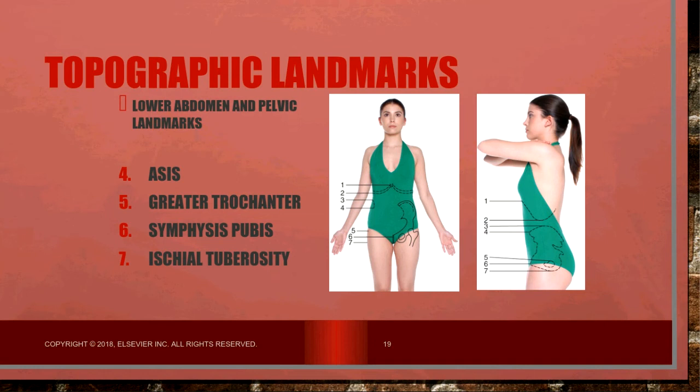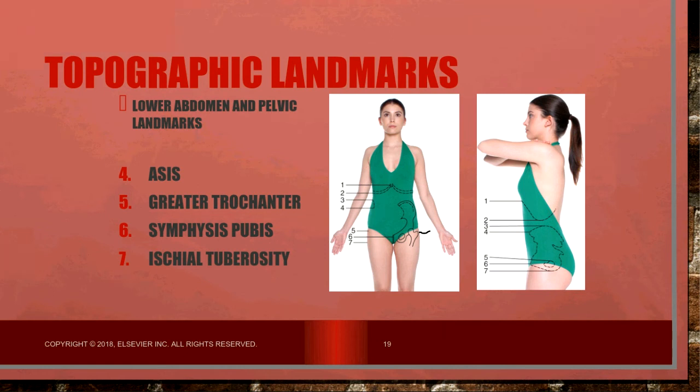Number five references the greater trochanter. On this AP image, they don't point it out as well, but number five would be right here where that little protrusion is. And that correlates to the pubic symphysis. So a lot of times we use that as a reference point.